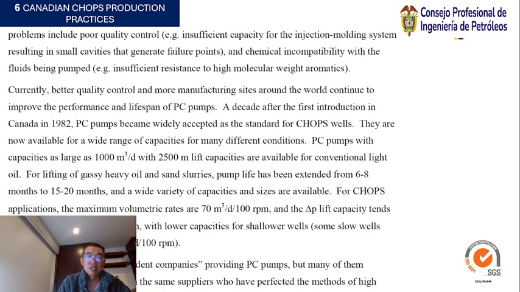For CHOPS applications, the maximum volumetric rates are 70 cubic meters per day per 100 rpm, and the delta-P lift capacities tend to be approximately 800 to 1,200 meters, with lower capacities for shallow wells.